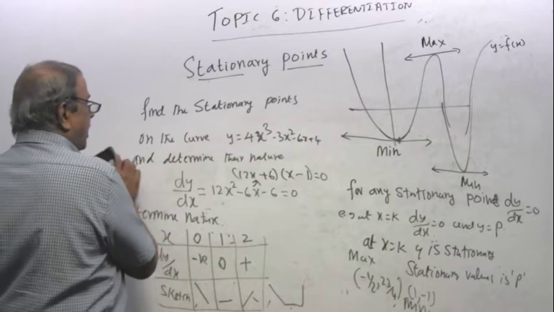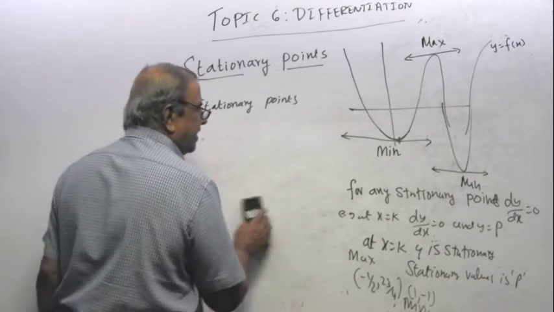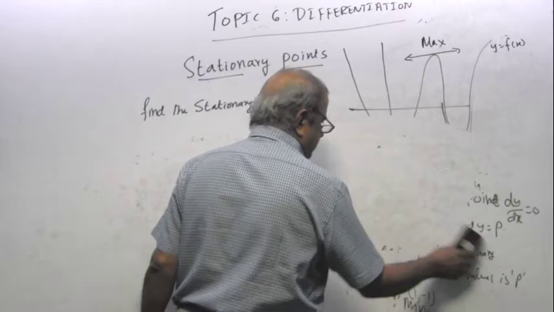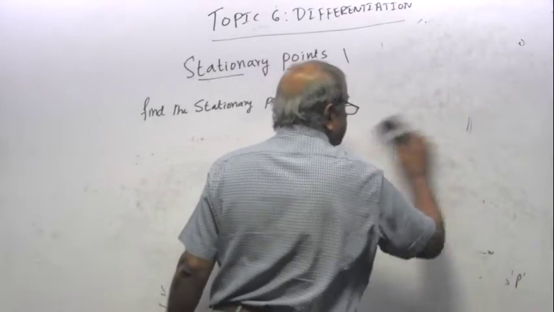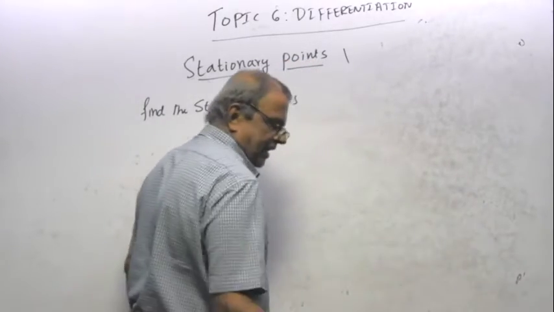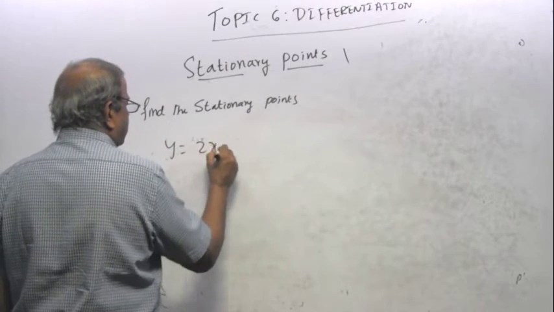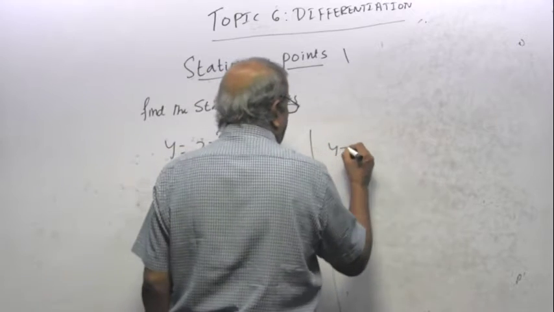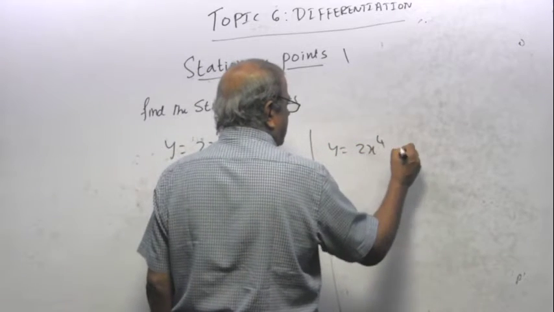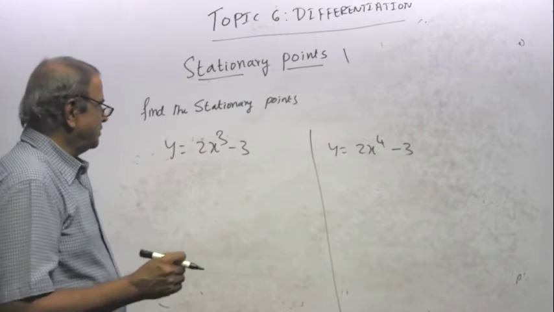Okay. I'll take a simple example to illustrate a pitfall which you come across. I'll take 2 examples: y equal to 2x cubed minus 3, and then y equal to 2x to the power 4 minus 3. The only difference is one x.